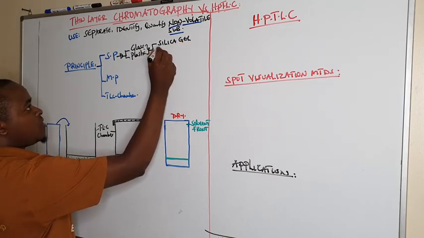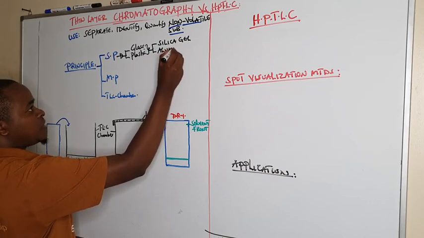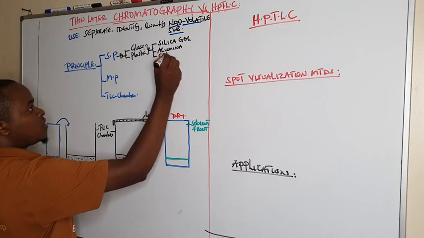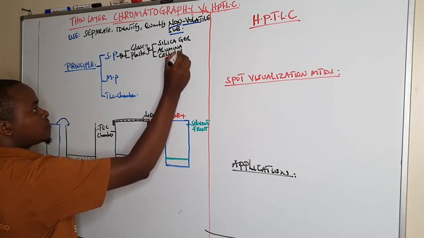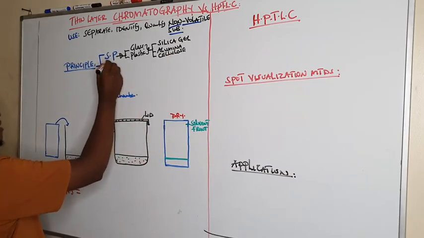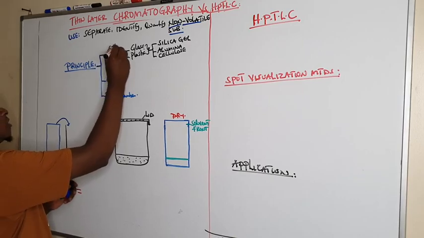It can be coated with a small layer of alumina, which is a basic substance, or we can use cellulose. So these are thin layers of a solid phase. This stationary phase is solid in nature.